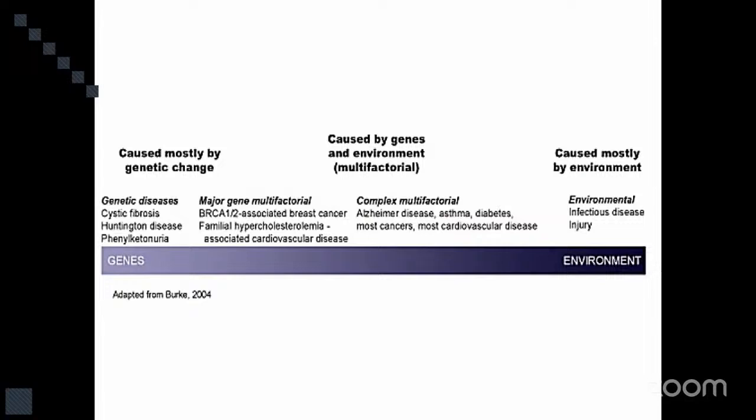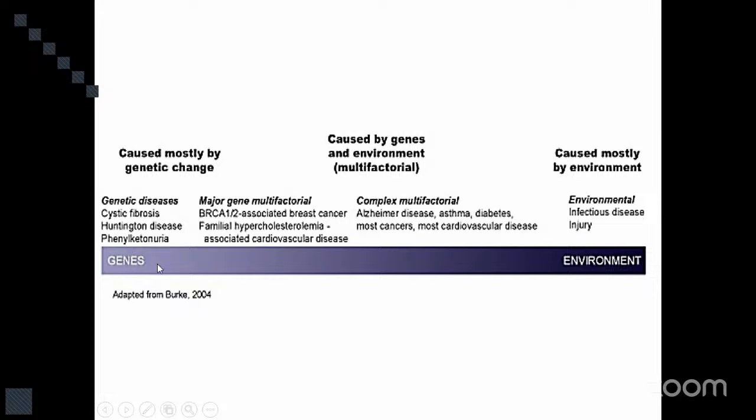Now, this is the spectrum. You have genes on this side, and environment on this side. In between, you can have different types of expression. Here you have genetic diseases, major gene multifactorial, complex multifactorial, and then environmental, which are essentially infectious diseases and injuries.